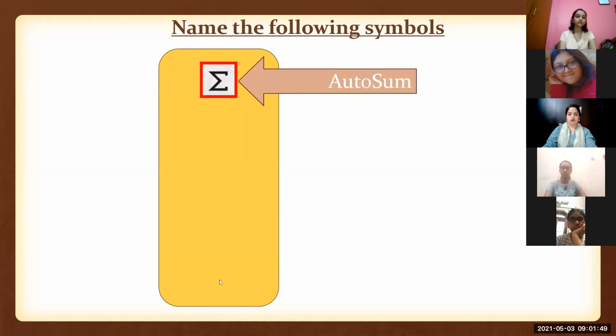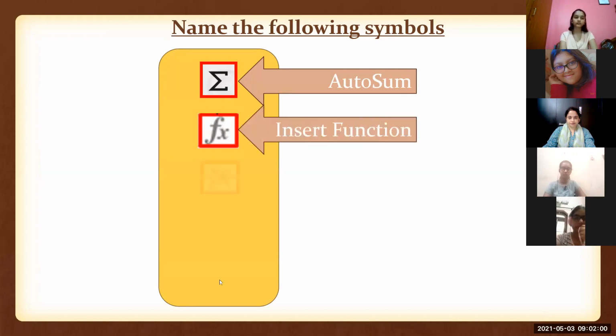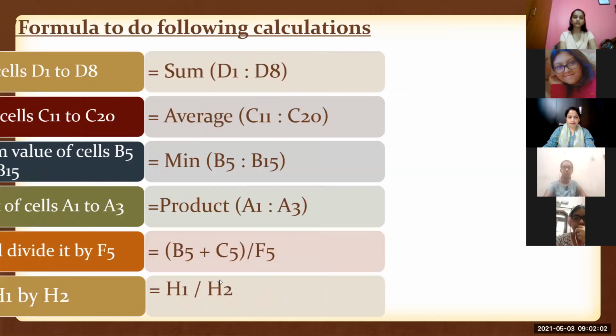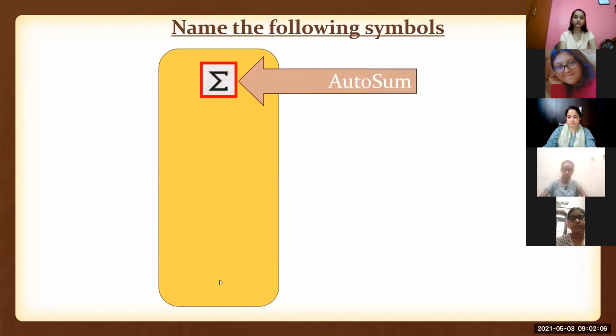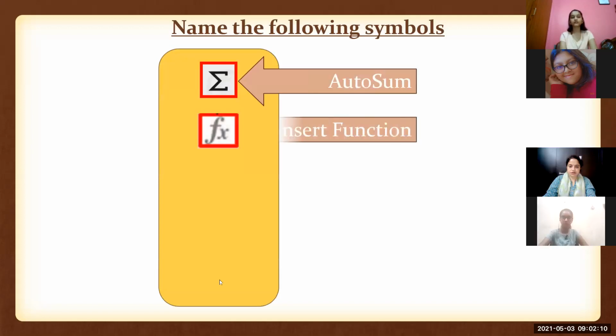Ma'am, it is AutoSum. AutoSum, correct. This is the AutoSum button, which you can find in the ribbon. What is the name of this second button? Insert function button.